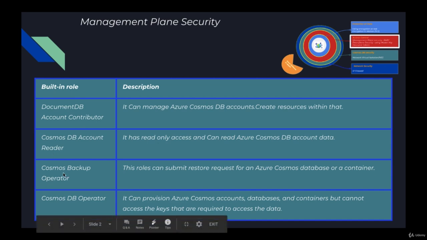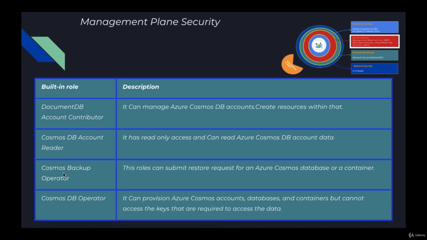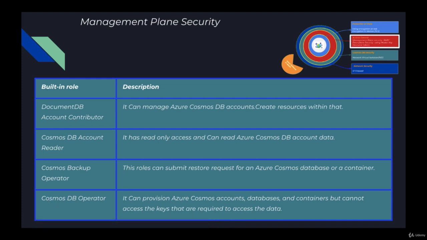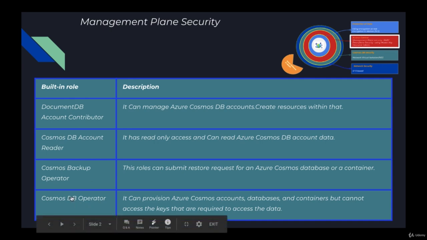Then there is the Backup Operator, which can submit a restore request for your database containers. Last is the Cosmos DB Operator role, which can help provision Cosmos DB accounts and containers within them. But with the Cosmos DB Operator role, you cannot access the data. You don't have access to the keys that are required to access the data.